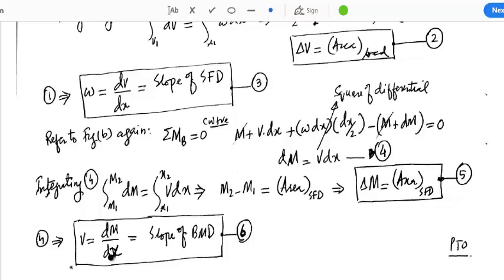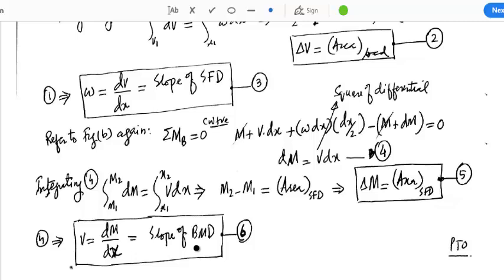If it's second degree, it will represent a second degree curve, and so on. If we integrate that expression, we get the area under the curve, and if we differentiate it at any particular point, we get the slope of the curve at that point. So dM over dx is basically the slope of the bending moment diagram. This expression says that V is equal to the slope of the bending moment diagram.